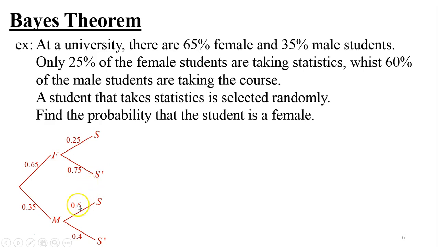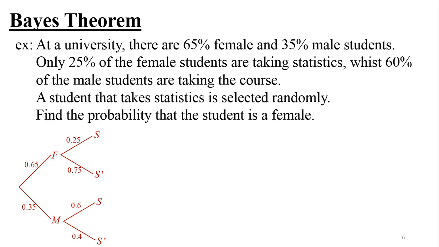And similarly, we have 60% of the male students take the course. So this is the conditional probability of taking the statistics course given that it's a male. So we have here choosing a male is an event that is realized in this case. So that's the 0.6 here, which leaves me 0.4 here for S prime, the opposite event of taking the statistics course.